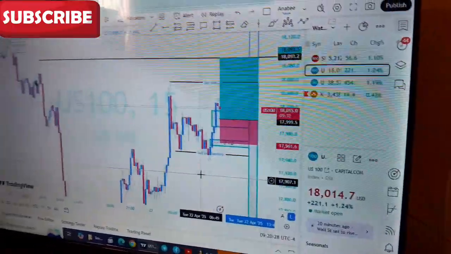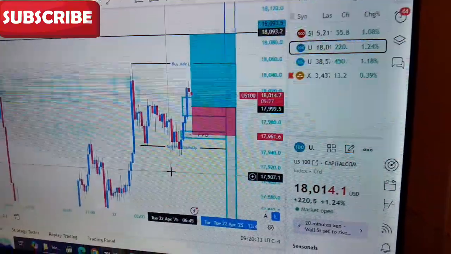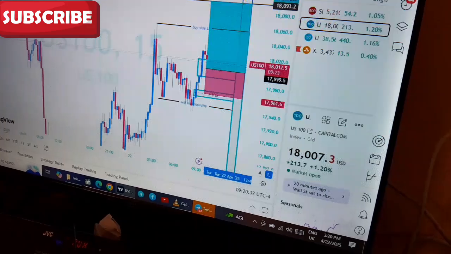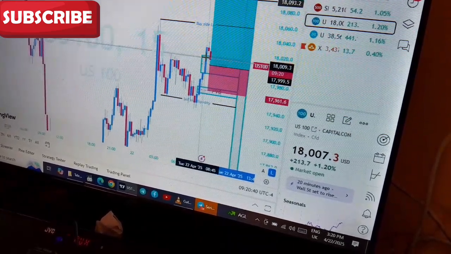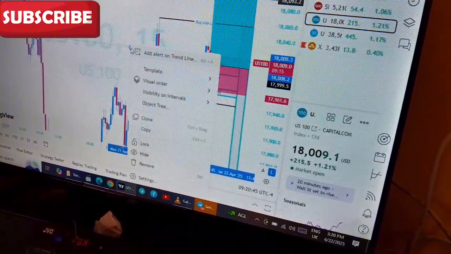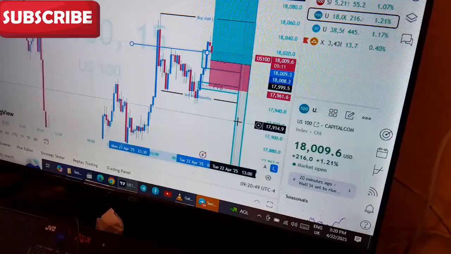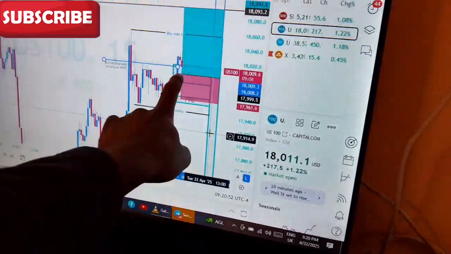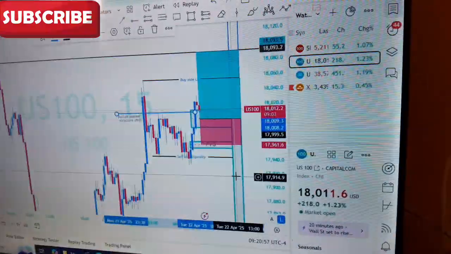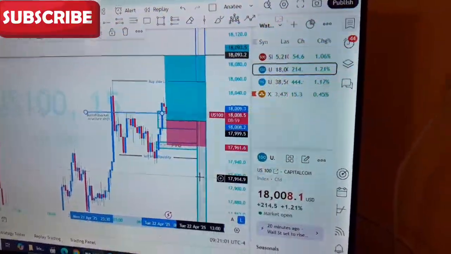So guys, on NASDAQ, I want to show you something. We have two fair value gaps on NASDAQ. Firstly, let me do this. Since we have two fair value gaps, and this is the biggest fair value gap after price taking out this high, making it a bullish market structure shift, this is a bit stressing me because I can take my SL and stretch it a bit till here.